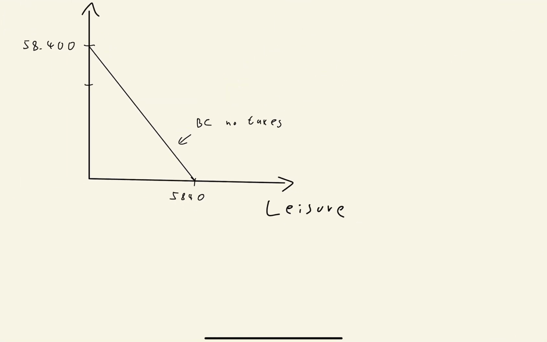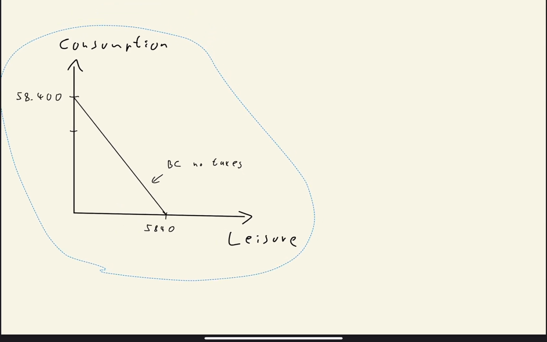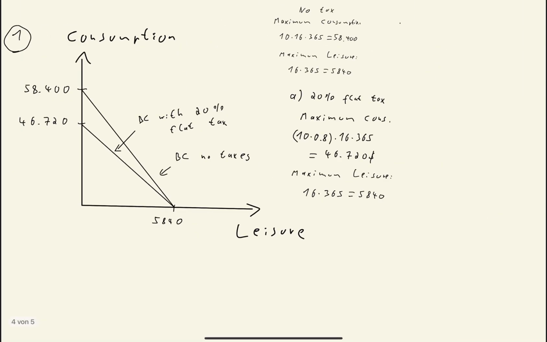Now we have a tax bracket which is changing with your income, and that's what we need to consider. Let me put this a little bit to the left-hand side because we need to write some stuff. Before, if you consider this picture here, the budget constraints had one single slope.